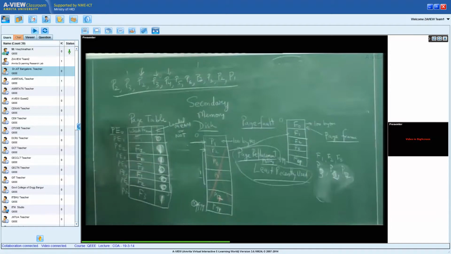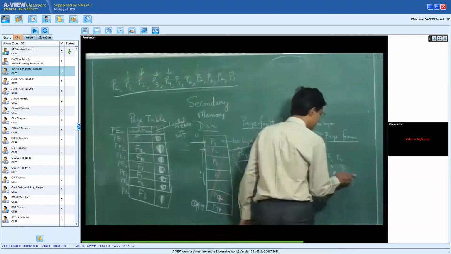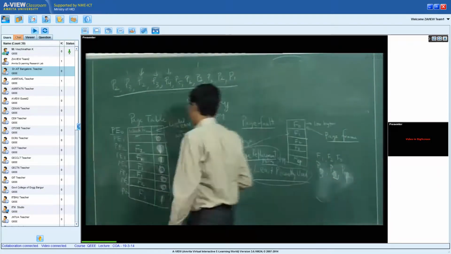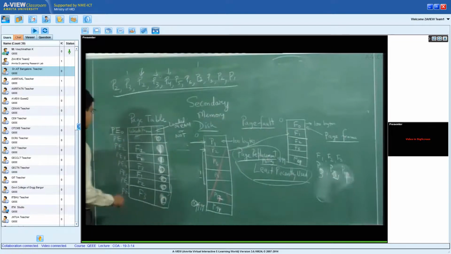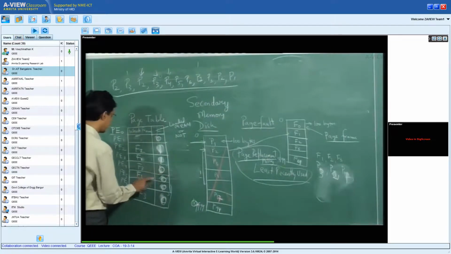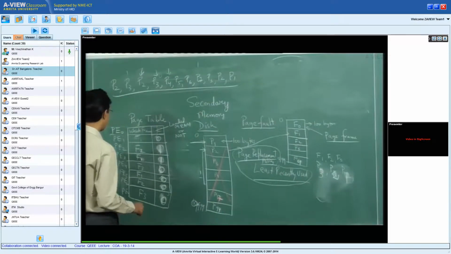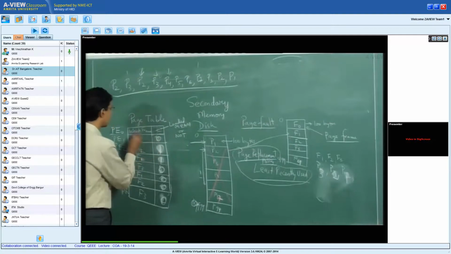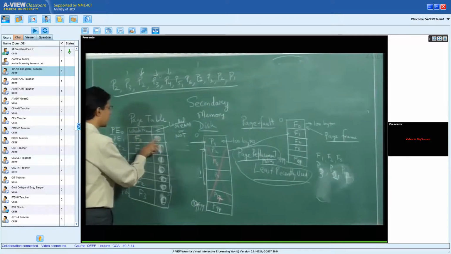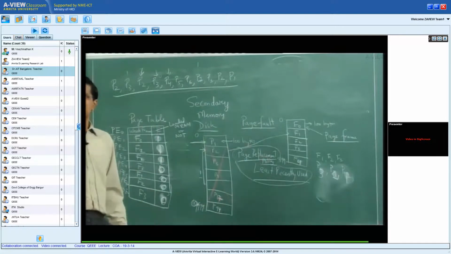Now P1 has to execute and that replaces P7. So P7 gets replaced, so that becomes 0, and P1 now becomes, okay, I have now taken another, so that now becomes frame 3. So this is how the page table is managed.